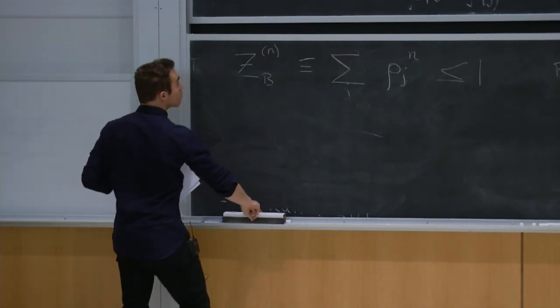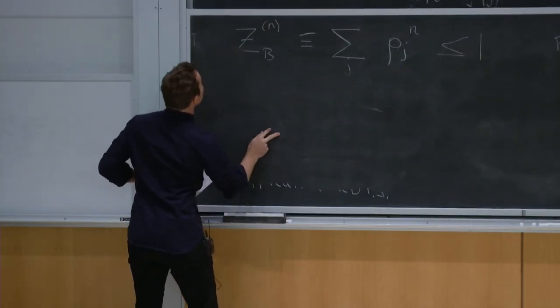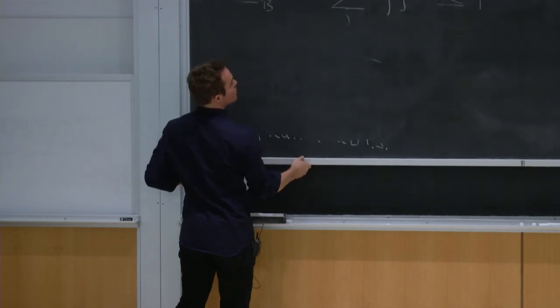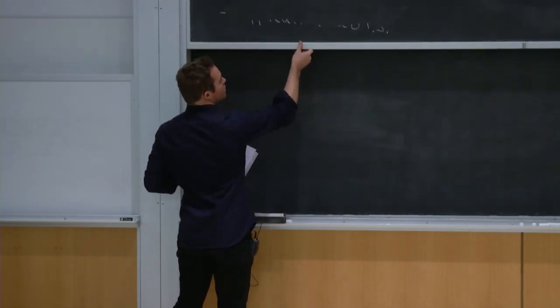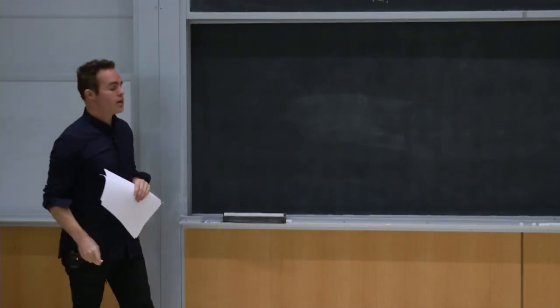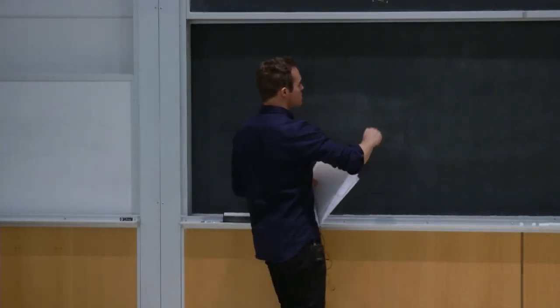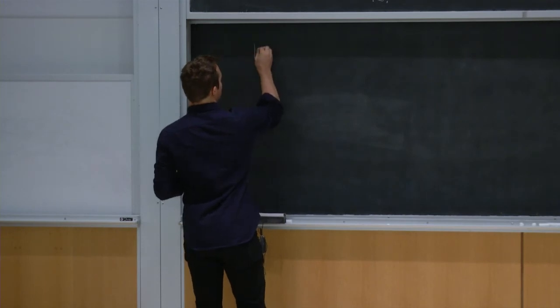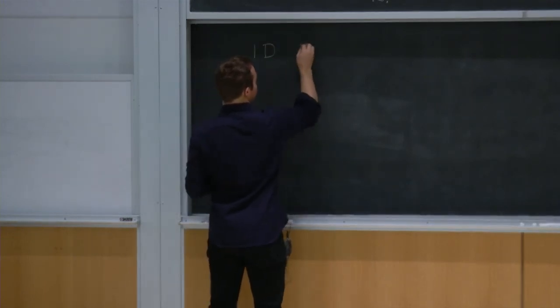Oh, actually, I should, okay, so I want to discuss how these behave in gapped and gapless systems. So first, let's say I have a 1D system with a mass gap.